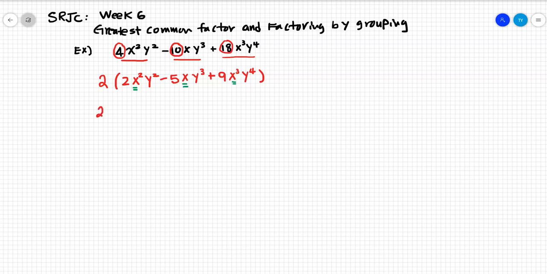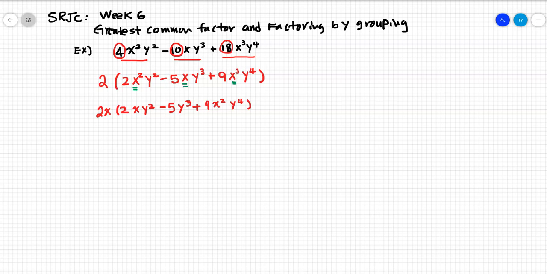If I have a 2x, we took one x out, so one x remains, then y squared. In the second term, we took the x out, so we don't have any more, so it's going to be y cubed. In the third term, I took out x, so the remaining is x squared. And then y, we haven't taken care of that yet.